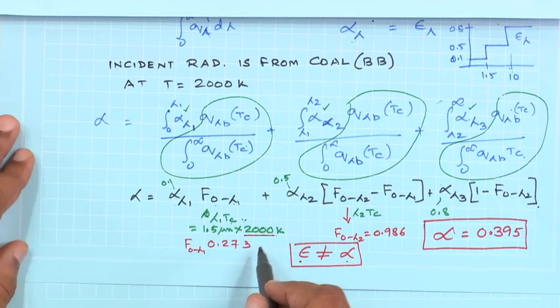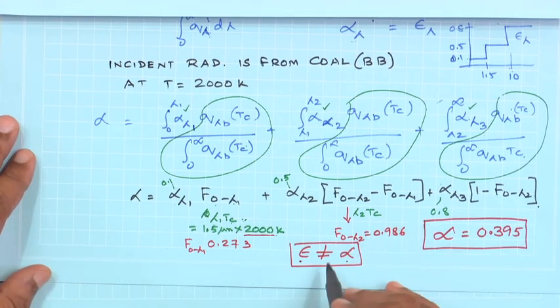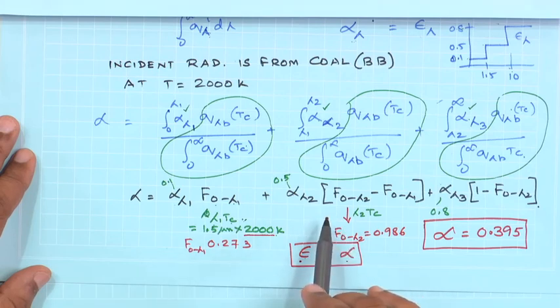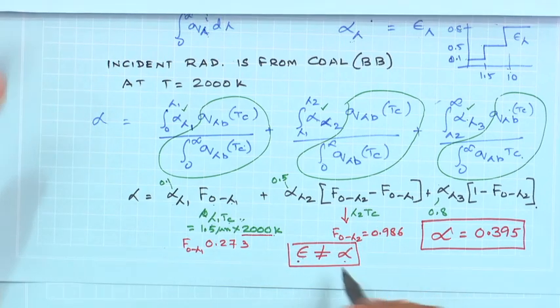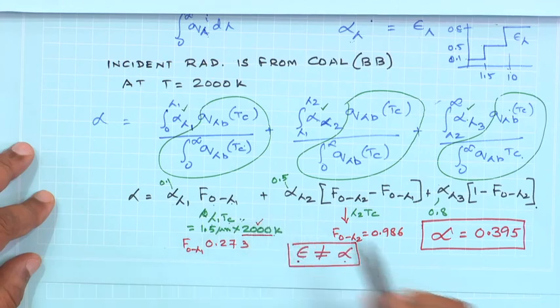So, we can say that the surface is not gray, epsilon is not equal to alpha; the emission is associated with 500 Kelvin, whereas the absorption is related to 2000 Kelvin.